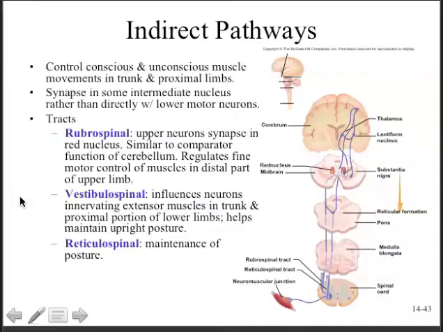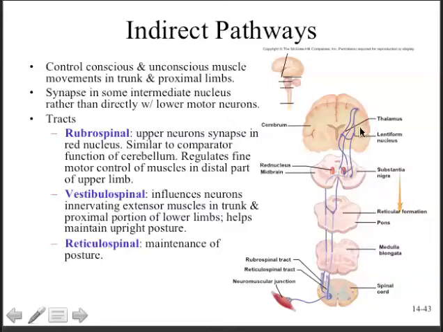You can see the rubrospinal and reticulospinal tracts indicated down here, and notice again that the level of decussation is going to be different depending on the tract that we're referring to, and the structures innervated are going to be different as well. So this is just representative of different levels of the brain.